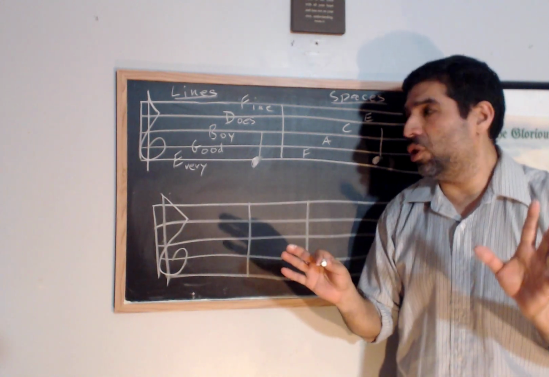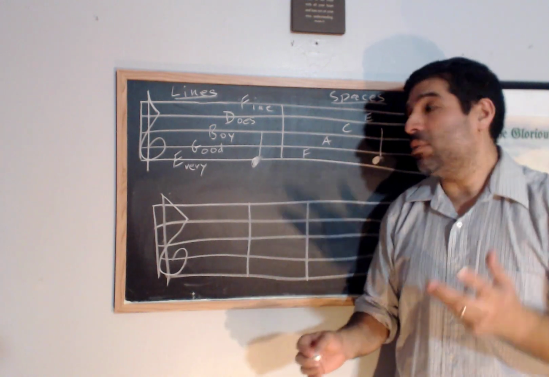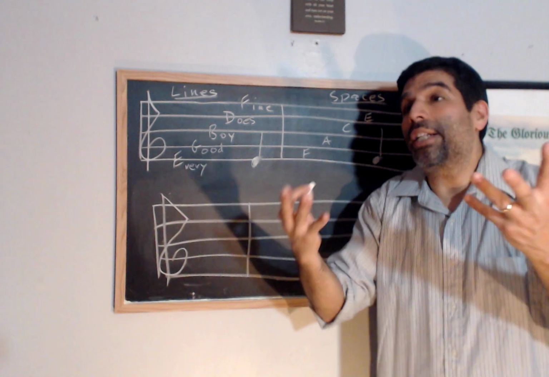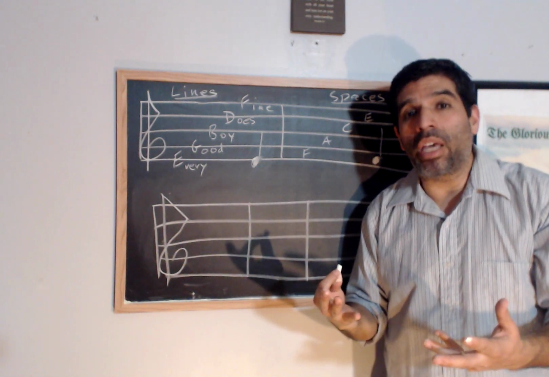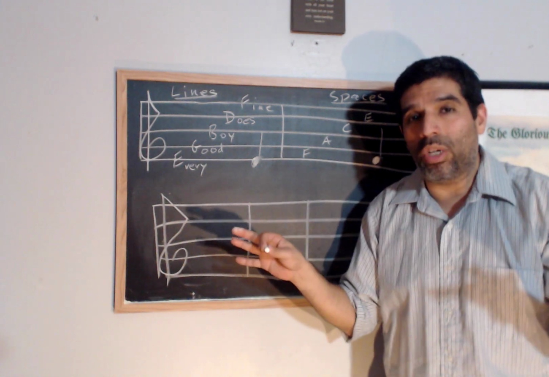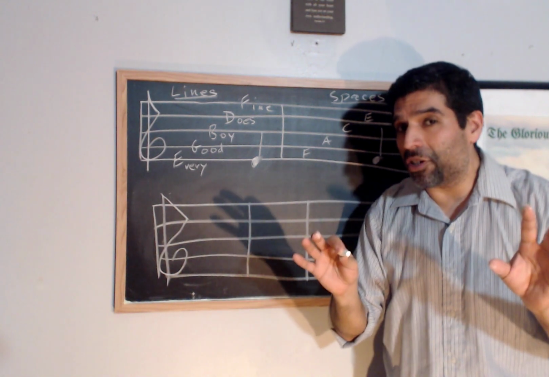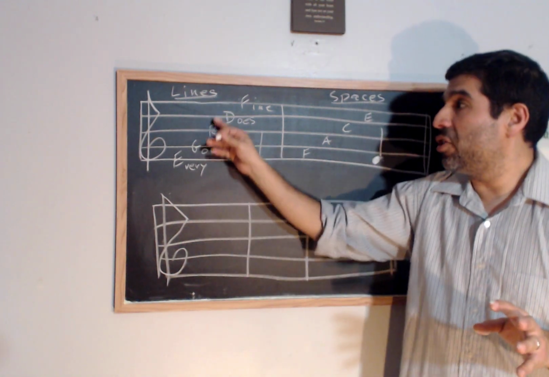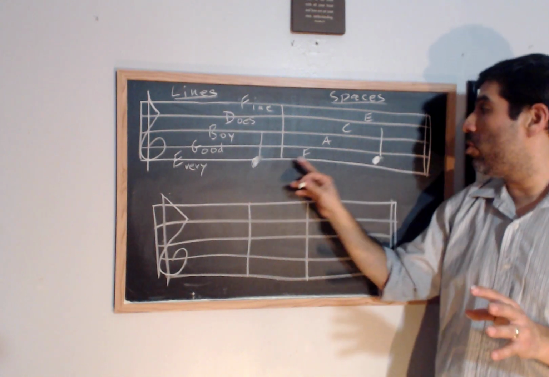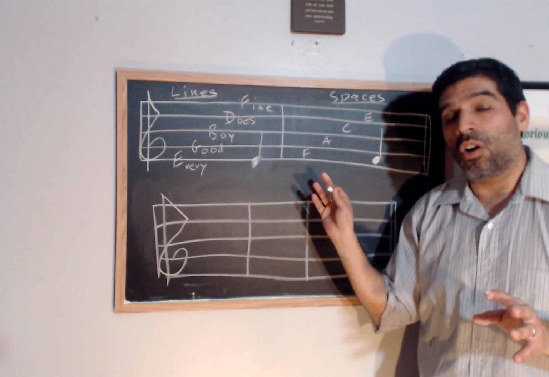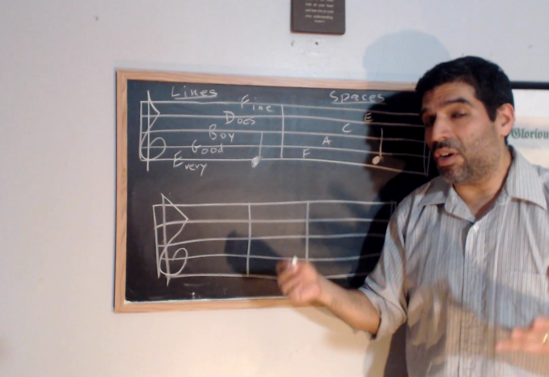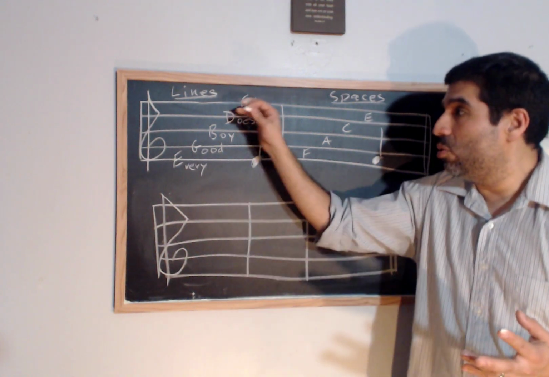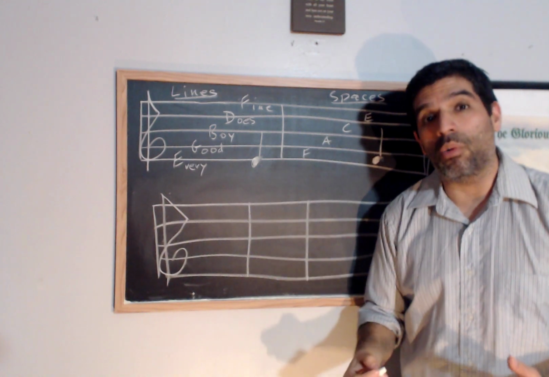Again, when it comes to identifying the letter names, it doesn't matter what value note it is. That has no bearing whatsoever. The only thing that matters is whether it's a line note or a space note. Whatever kind of note it is, we use the appropriate formula that goes along with that.